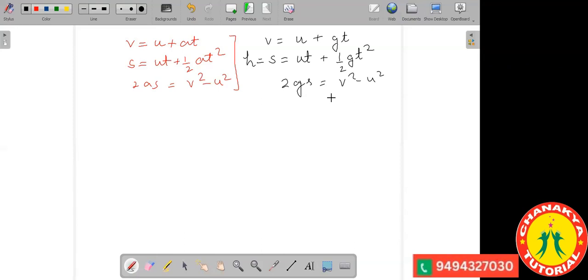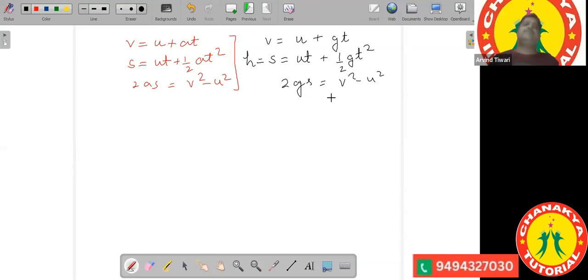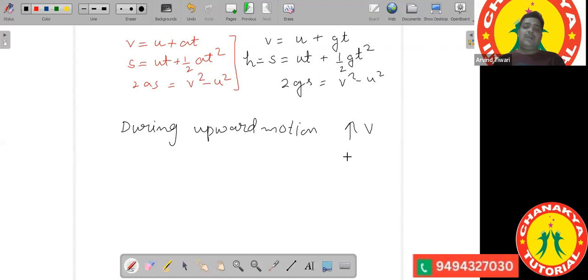Yes, sir. Now, here is one more thing. We need to see about the direction. During the upward motion, when an object is moving up, this is the direction of velocity, but the acceleration due to gravity is acting in the downward direction.